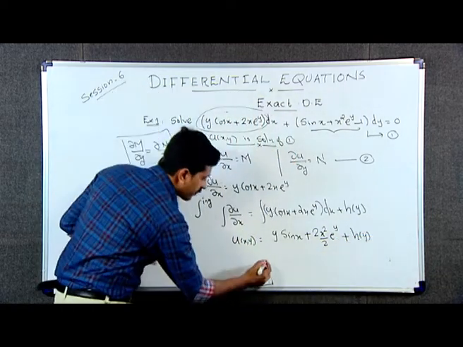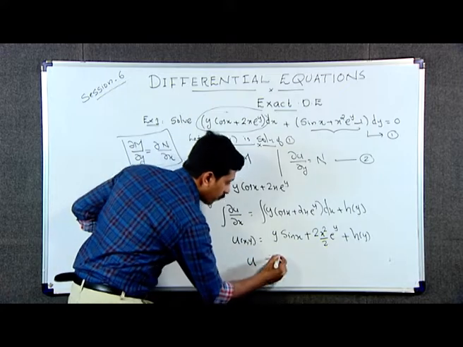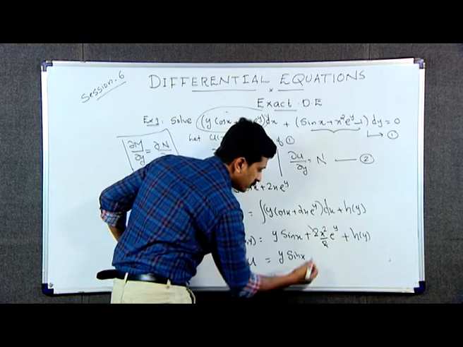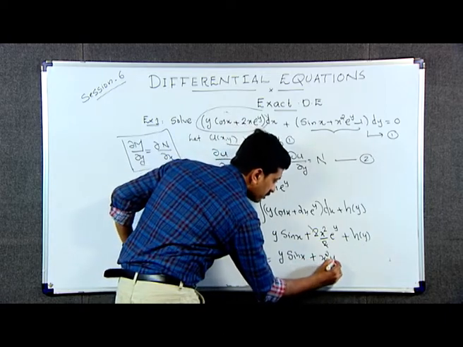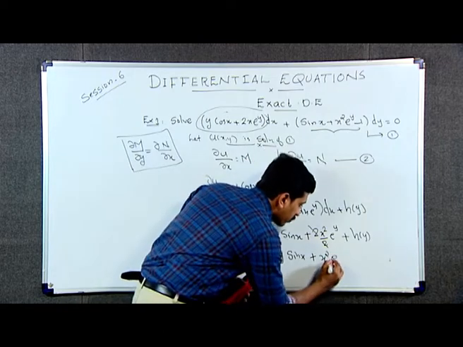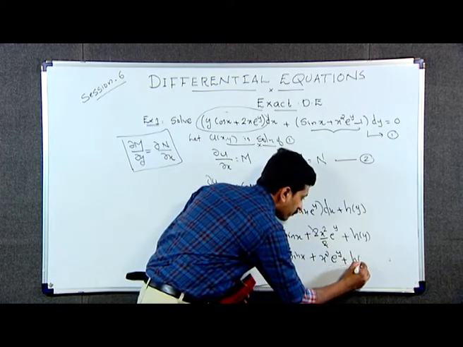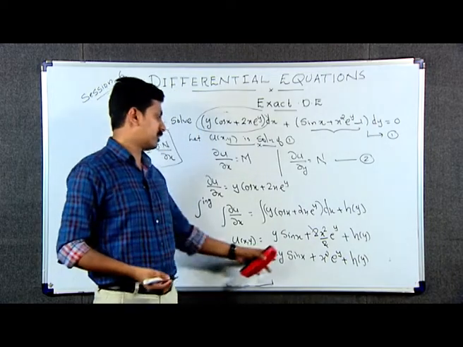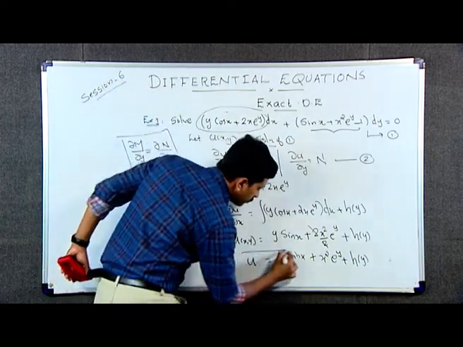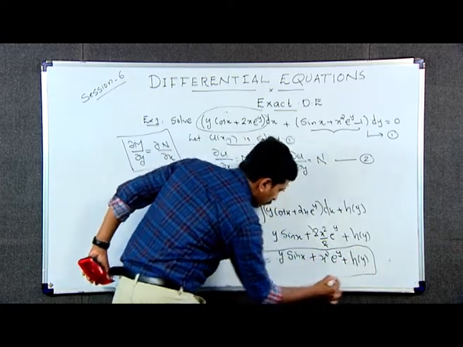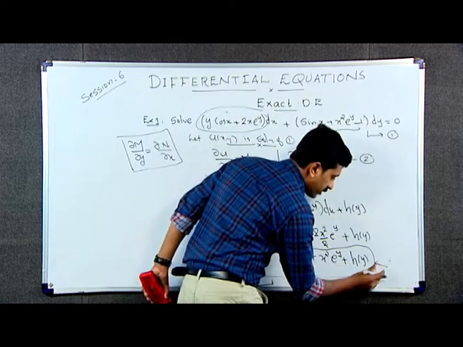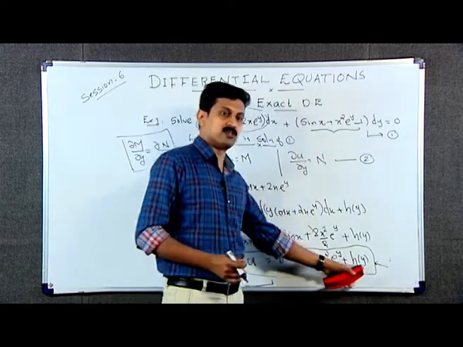Removing the 2 and 2, u of x, y is equal to y sin x plus x square e raised to y plus h of y. Say this is u, but one more unknown is here, h of y, and we have to find this h of y.